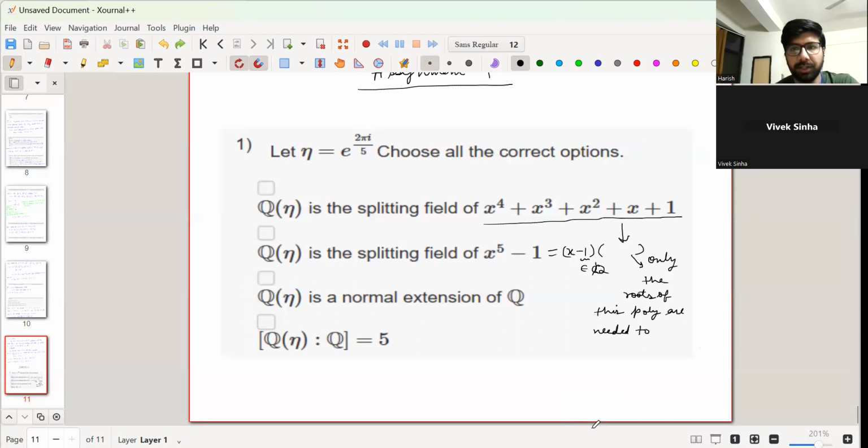You are adjoining the roots to Q, and if something is already inside Q, then there is nothing to be done.